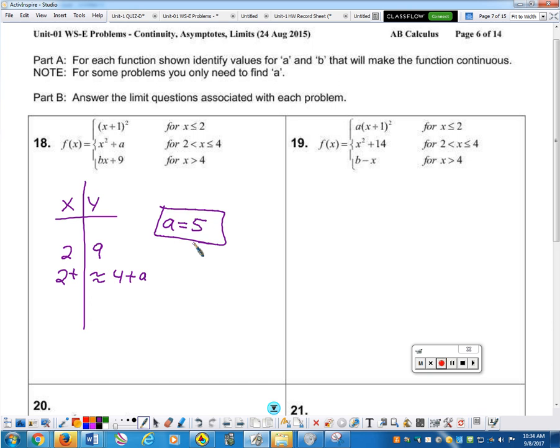Here, I have 4 times 4 is 6. Look at the other side. So this one.